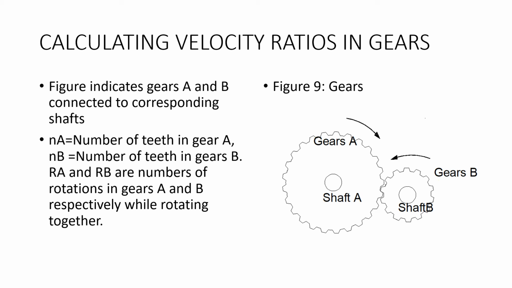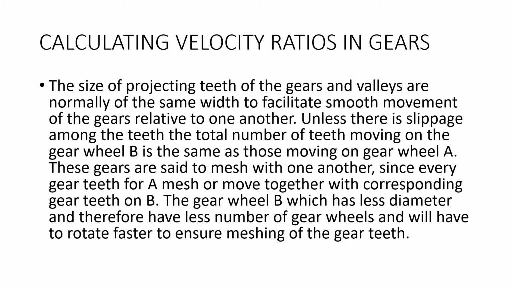NA, you can see, is the number of teeth in gear A, and NB is the number of teeth in gear B. RA is the number of rotations of gear A on shaft A, and RB is the number of rotations on shaft B. You can see the gears here. They are rotating, and if you check the rotation, you can find that they are rotating in opposite directions.